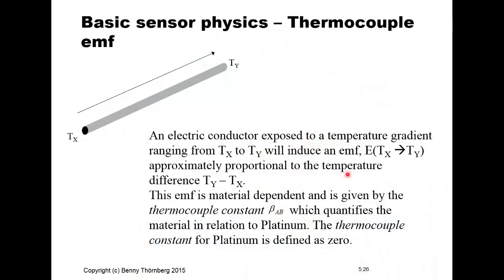And a number of different materials has been quantified because this generated voltage is dependent on the actual material. Material has been quantified with a constant, this thermocouple constant beta, which quantifies the material in relation to the metal platinum. And the thermocouple constant for the metal platinum has been defined as being equal to 0.